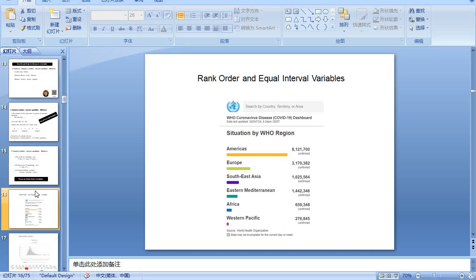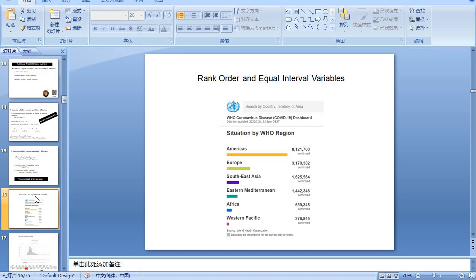Let's look at rank order variables first. Rank order is just a rank order. We can rank order people, say in a marathon race: you are the champion, the second place got the silver medal, the third place got the bronze medal, and then you have the 4th place, 5th place, 10th place, etc. These are rank orders.